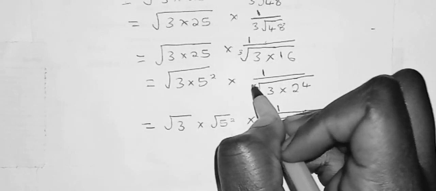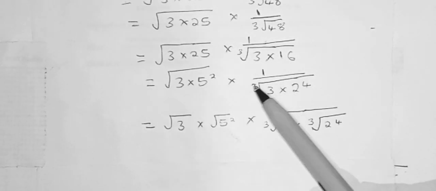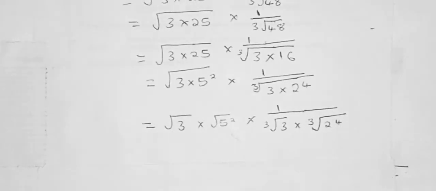So I've taken this cube root and split it, and then I split the surd.